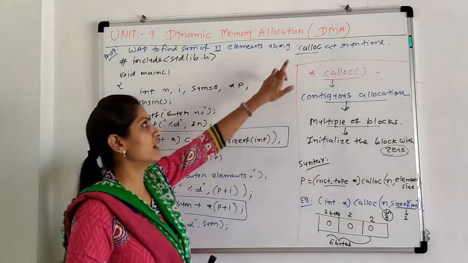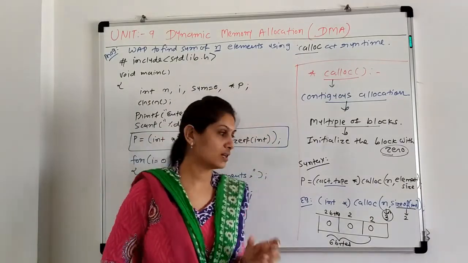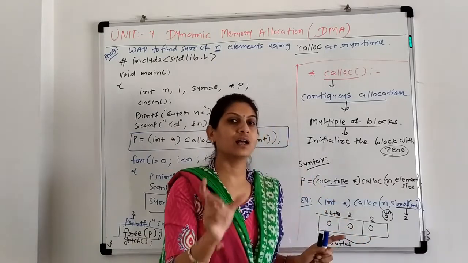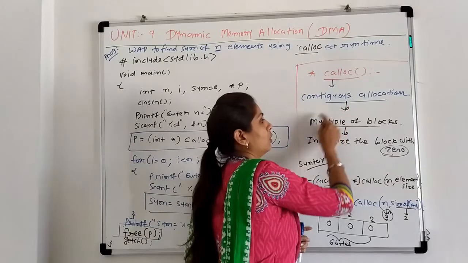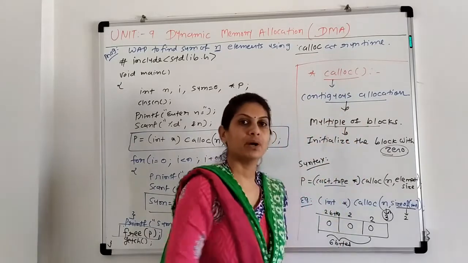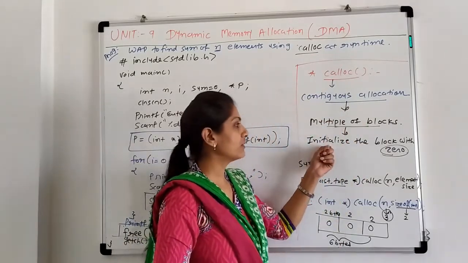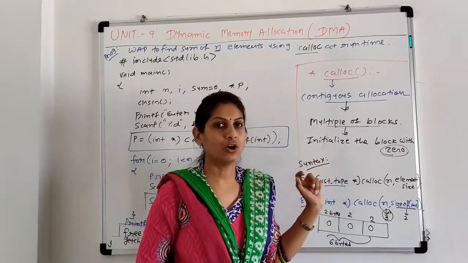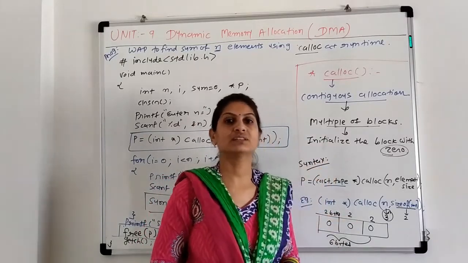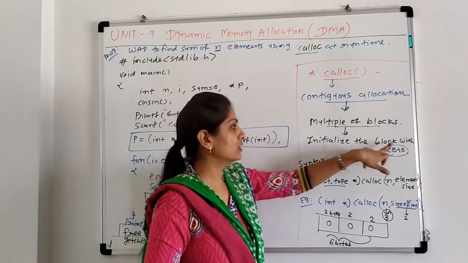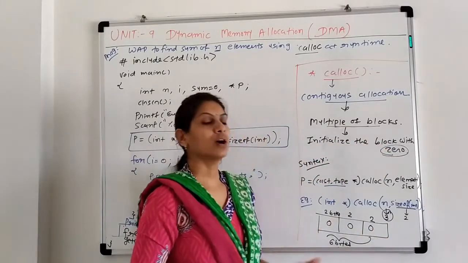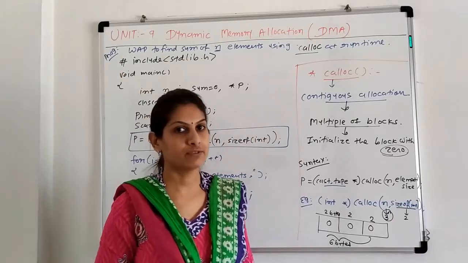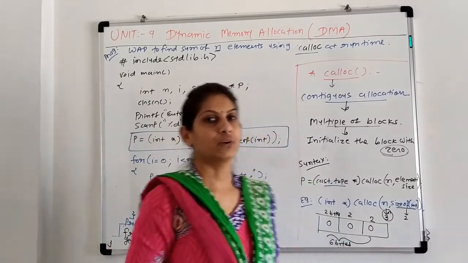The first difference is whenever you are using the malloc function, it creates only a single block of memory. But calloc allocates memory with multiple blocks. The second difference is in malloc, the initial value is garbage, and in calloc, the initial value is 0 by default. And the third difference is malloc is very fast compared to the calloc function.